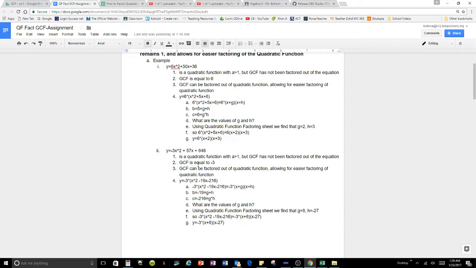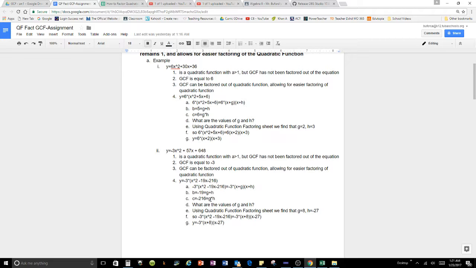So the greatest common factor is minus 3, and when we divide each of these terms by minus 3, what we have left is minus 216, minus 19, and a 1 in front of x squared. So again, we have a quadratic function with a equal to 1, so we can use the methods that we've used before. The only thing we have to do is multiply the resulting two binomial expressions by the greatest common factor, which in this case is minus 3.